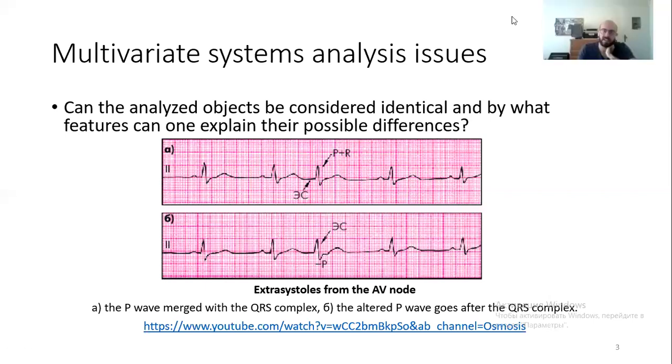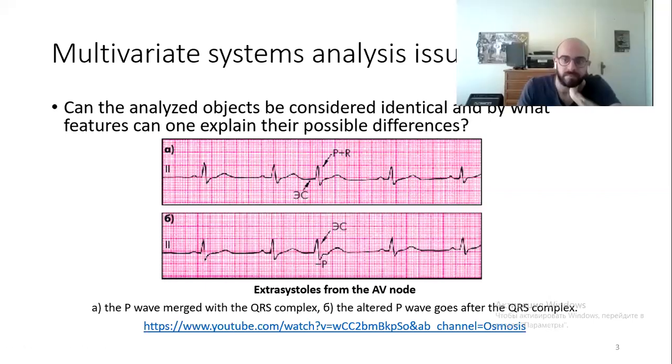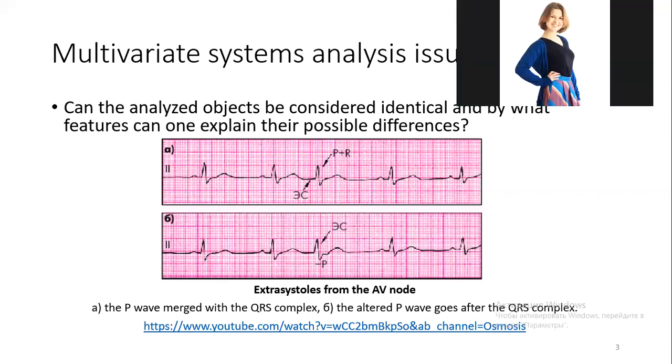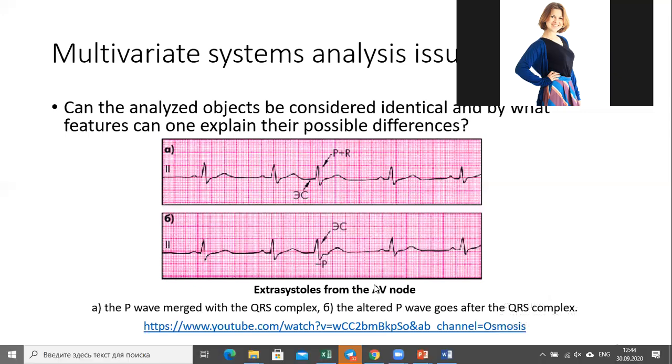But it's the same principle, yes? Yeah, actually, yes. You may register muscle activity using an ECG recorder. But when you need to analyze ECG, you need to filter out all muscle artifacts. So muscle activity is like noise in the ECG signal, unfortunately.